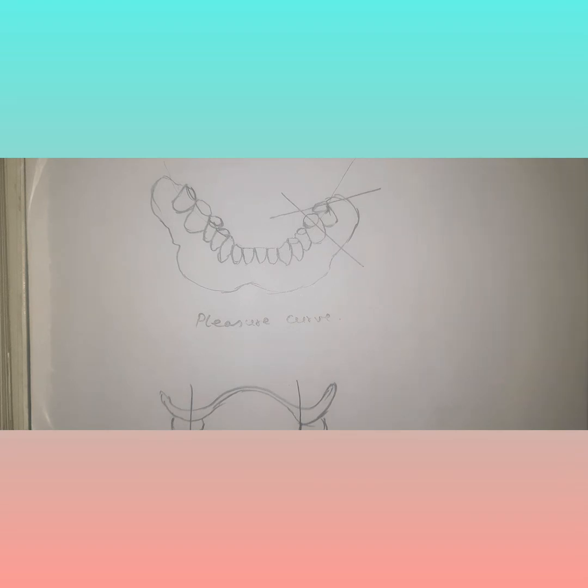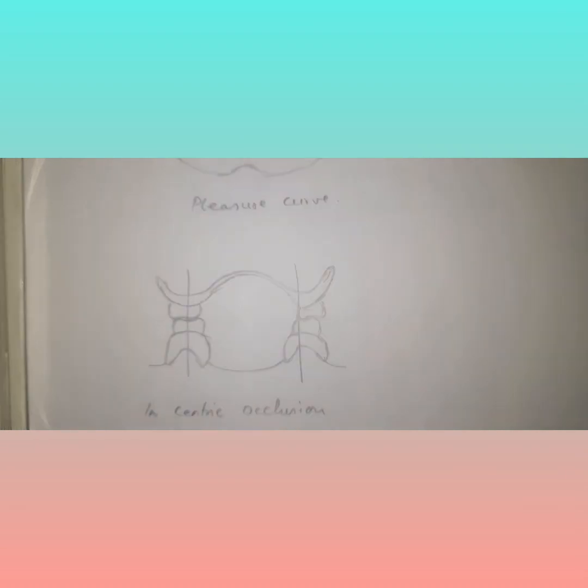So the reverse curve helped in directing the forces of occlusion lingually to enhance the stability of the lower denture. In centric occlusion, the forces are directed towards the ridges, and in the right lateral position, the forces are directed towards the lingual side of the lower ridge on the working side. So that is how he gave this concept in order to achieve balanced occlusion.